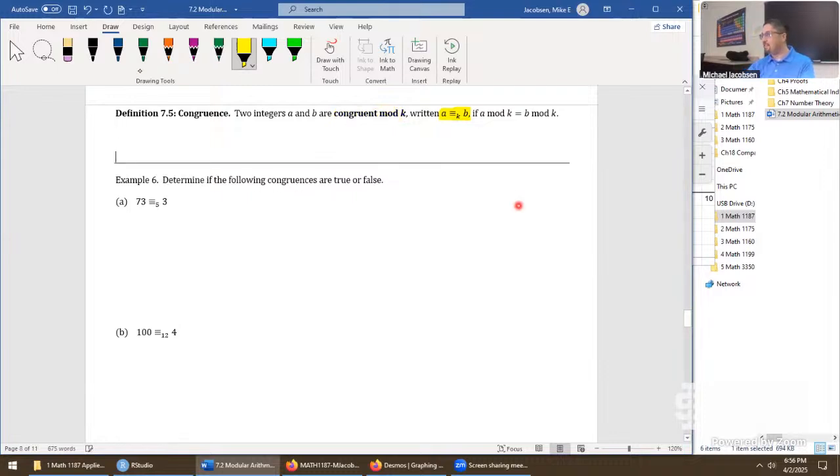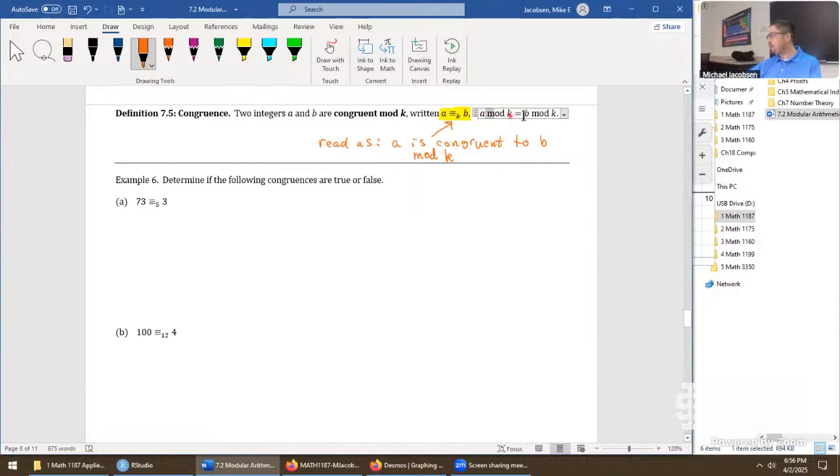Let's say that's right down here. That whole statement right there is read as A is congruent to B mod K. So using that, this is the check that we have to deal with. Being congruent to B mod K means this condition passes. So let's give it a try.